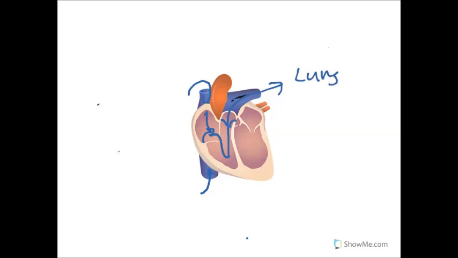At the lungs, we pick up some oxygen, and oxygenated blood goes through the pulmonary veins, entering into our atria. Now, that would only be the left atrium. Then it passes through the left AV valve into the left ventricle to eventually go through the aortic semilunar valve out to body systems. So this is how we make one complete loop.